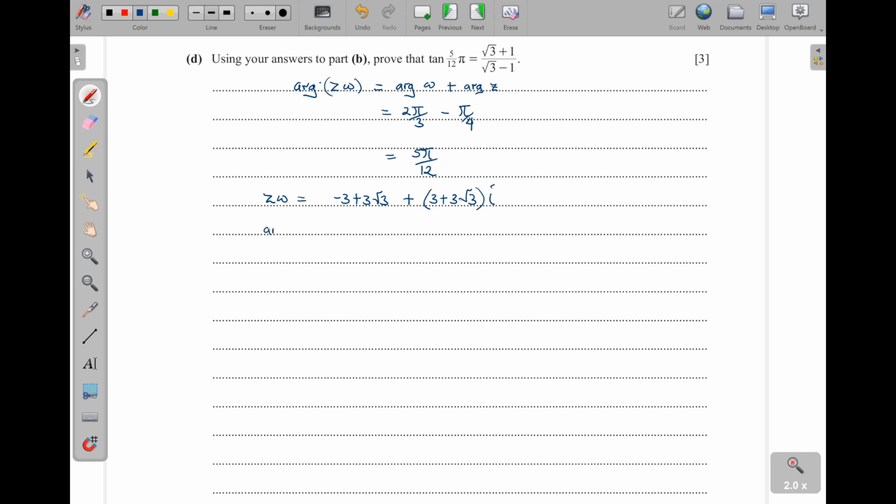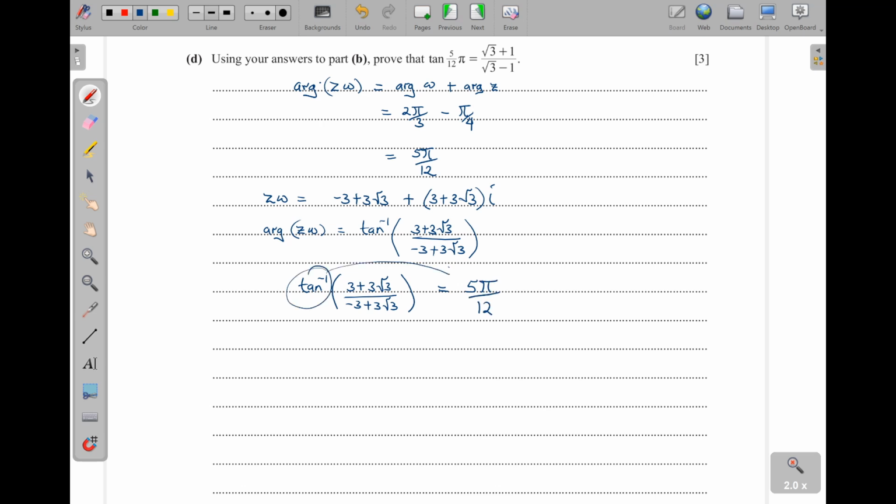The argument of Z omega is going to be the arctan of 3 plus 3 root of 3, divided by negative 3 plus 3 root of 3. So I can now substitute here. This one is now equal to that. So we shall have arctan of 3 plus 3 root of 3 over negative 3 plus 3 root of 3, which is equal to 5 pi over 12.